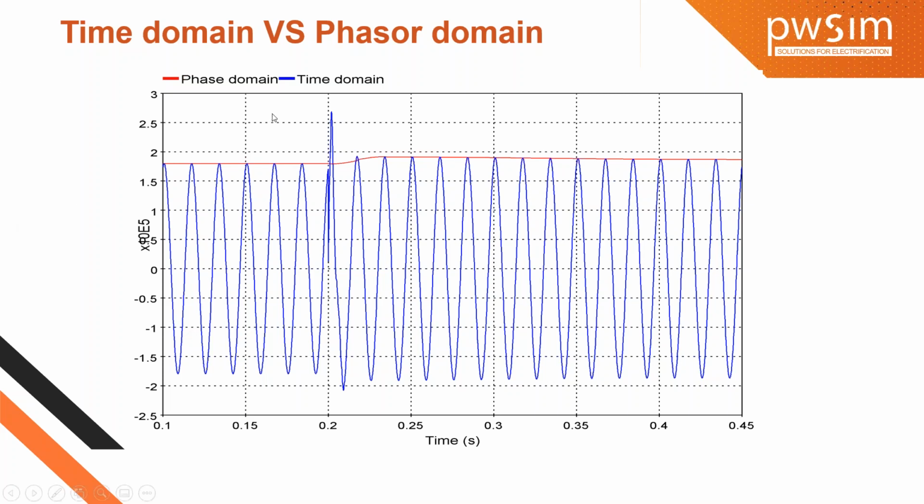For the phasor domain software, you can see the response of voltage or current in the red color waveform. For phasor domain analysis, we get the response as magnitude and angle. But for time domain analysis, we get the waveform with magnitude and angle for each particular time instant. So at 200 milliseconds we get the spike here, but in phasor domain we get only a small spike.